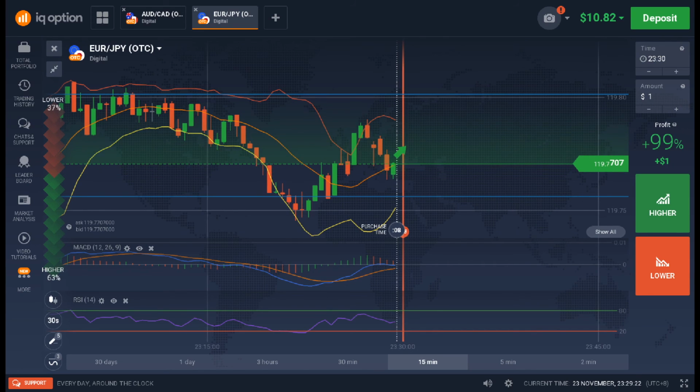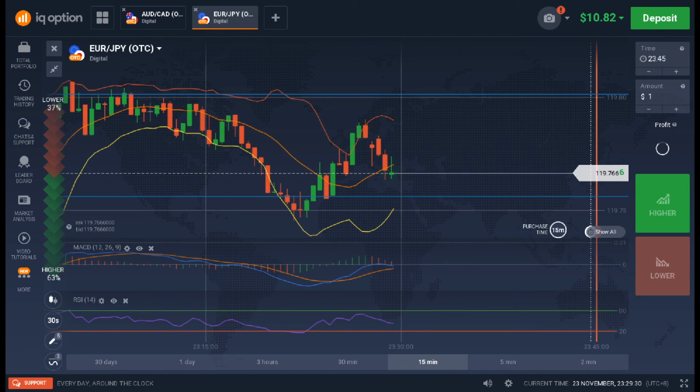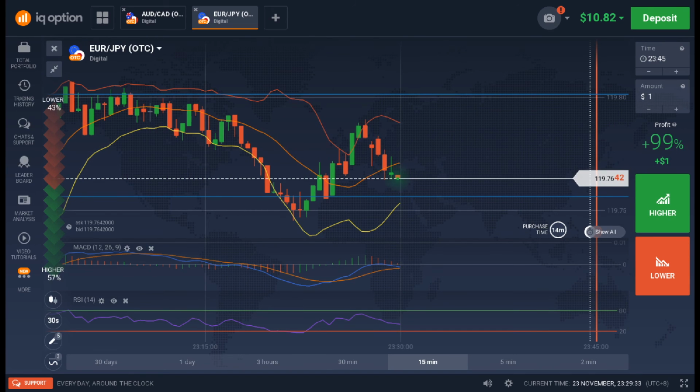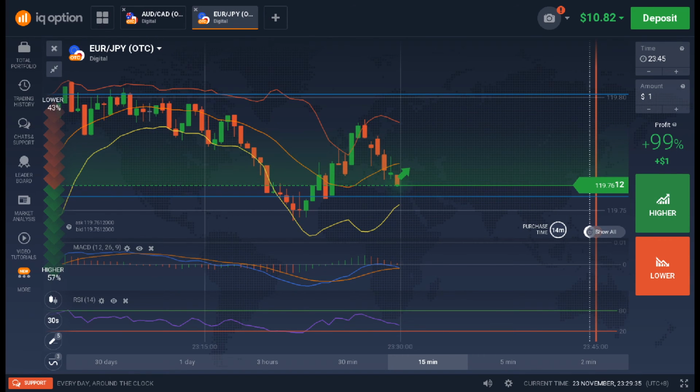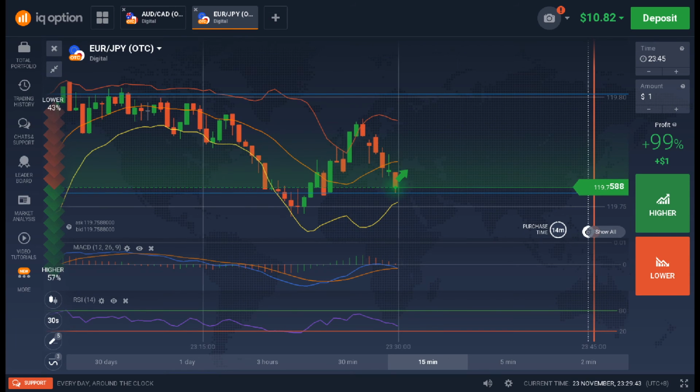Ten seconds more. I just don't want to enter that trade with a few seconds left, but most likely it will just go up here. Oh, good thing I waited. Will it break the line?